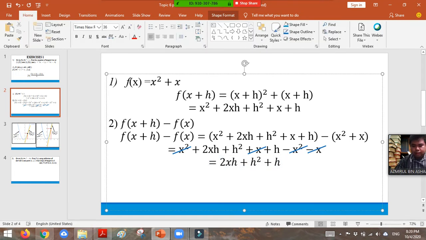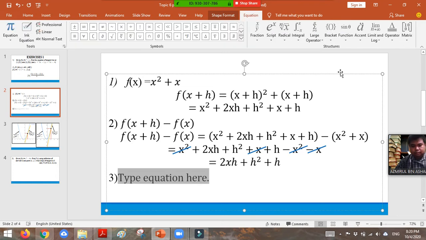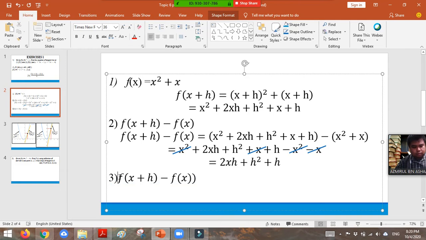So the third step is f(x plus h) minus f(x), divided by h.